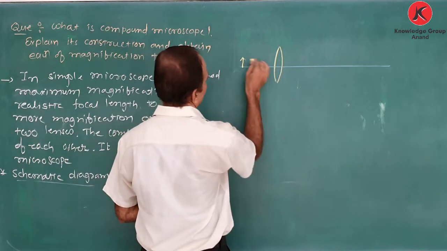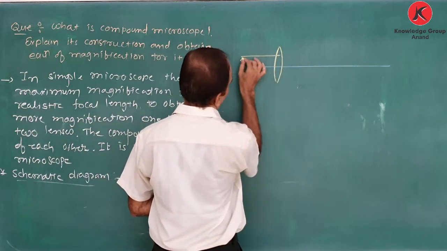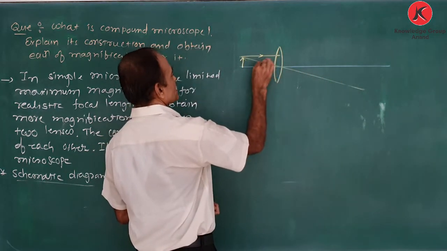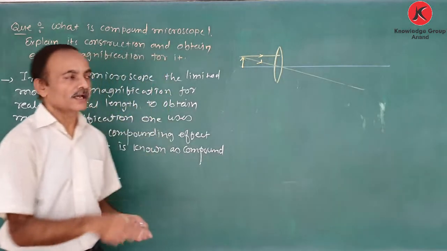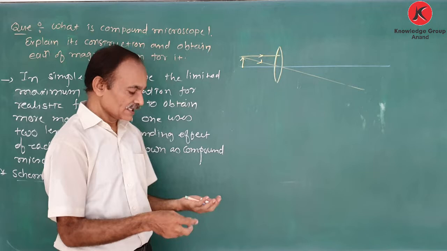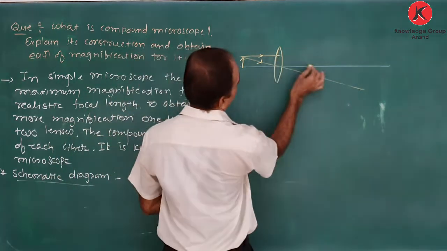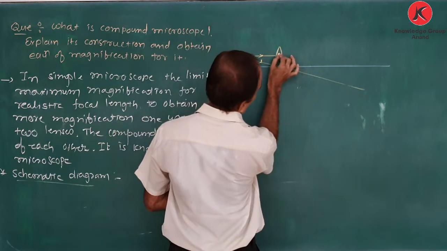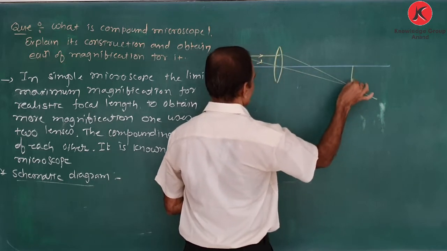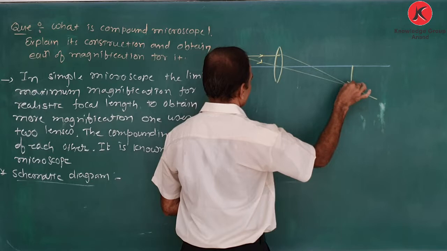To obtain the image of this, two rays are used. One passes through the optical center, and the second is incident on the lens parallel to the principal axis. After refraction, this ray must pass through the principal focus. So its image is formed here.